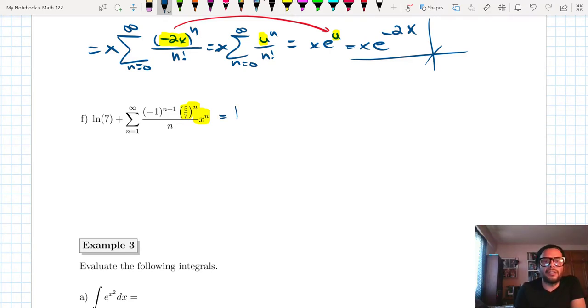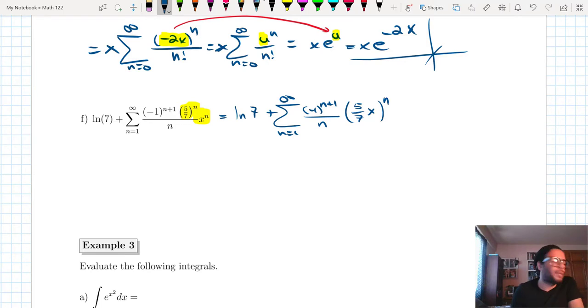So this will be ln of 7 plus sigma n equals 1 to infinity, negative 1 to the n plus 1 divided by n, and this will be 5/7 of x to the nth power. So this looks like our u.